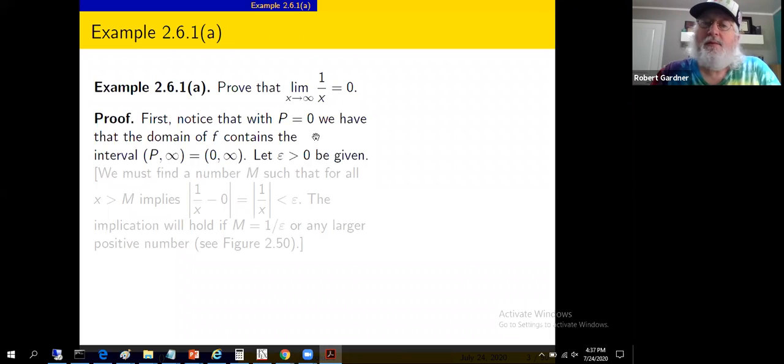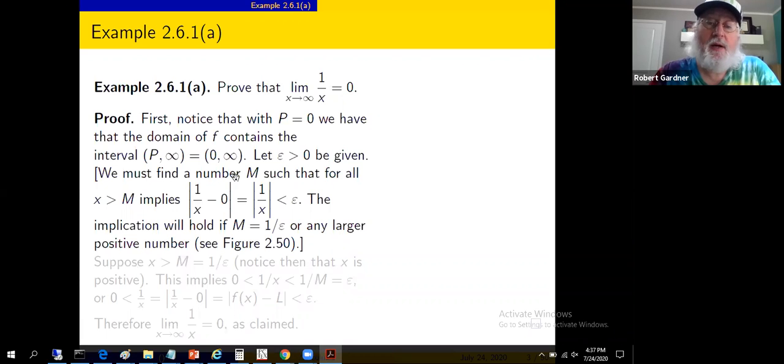So let epsilon greater than 0 be given. We're still trying to get f of x close to L. F of x is the function 1 over x. The rumored L value is 0. So now the question has become, how big do you have to make x, capital M equals what, in order to make 1 over x within a distance of epsilon of 0?